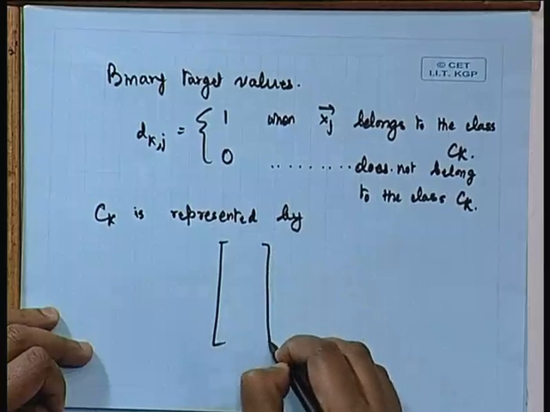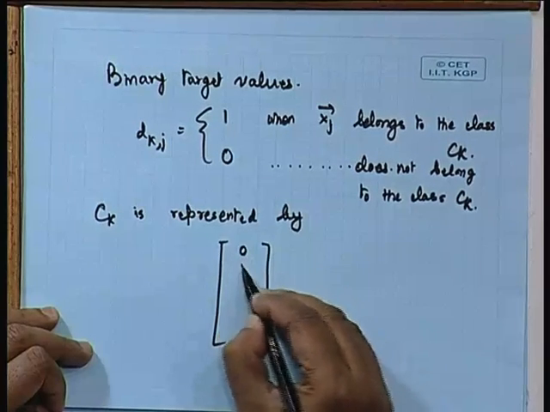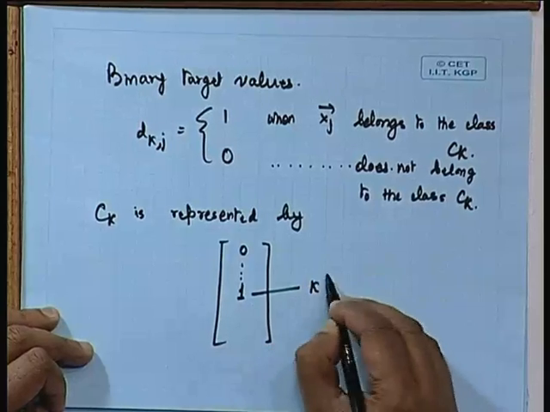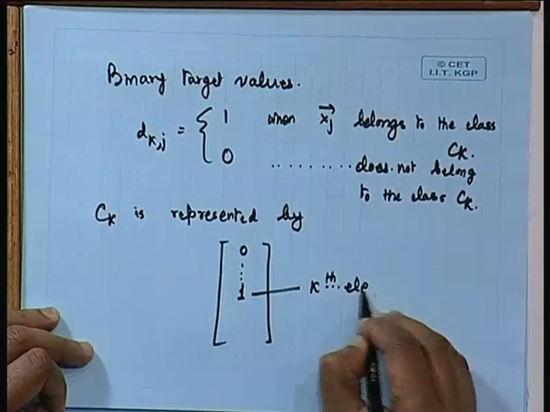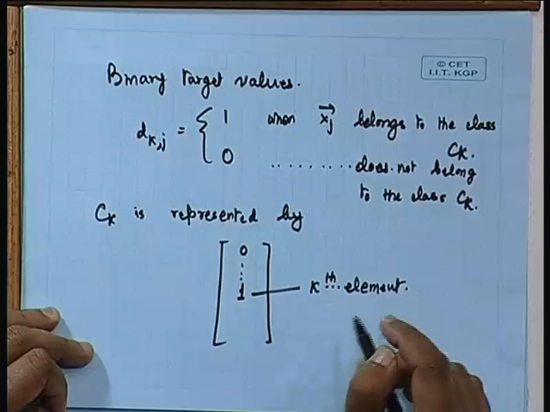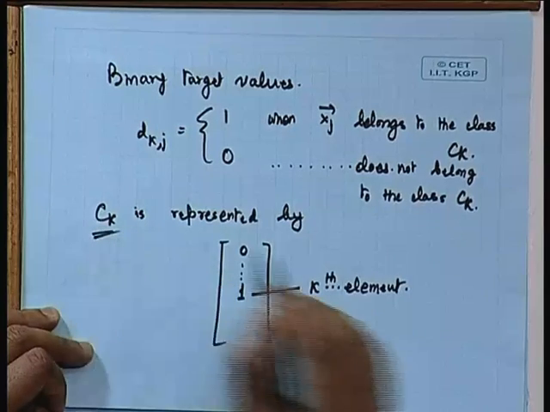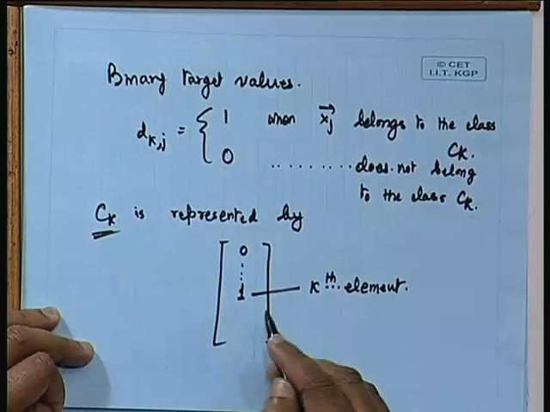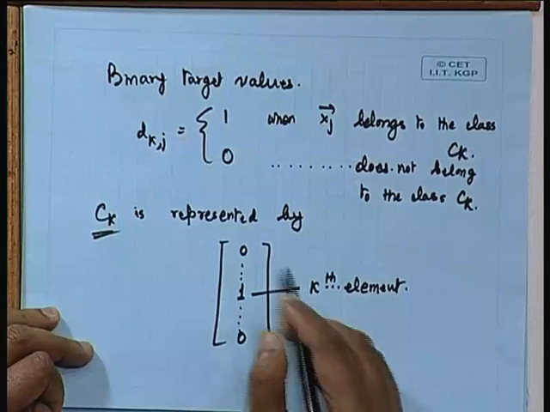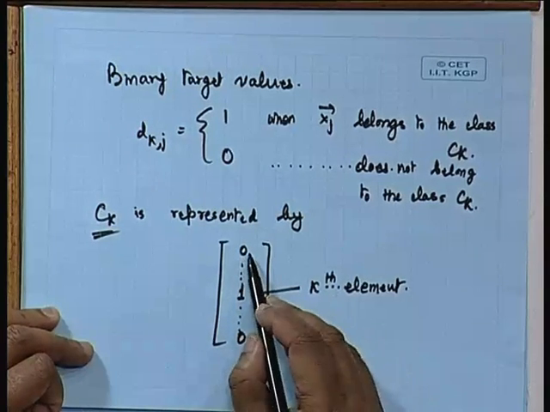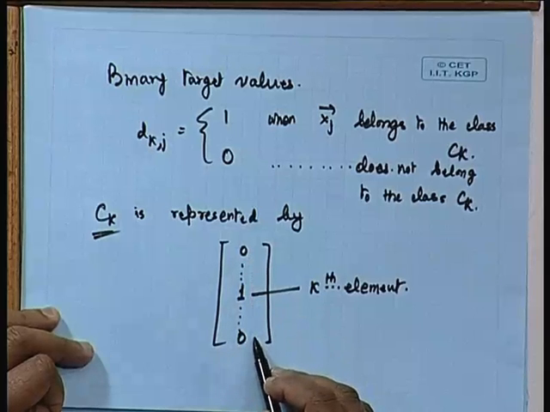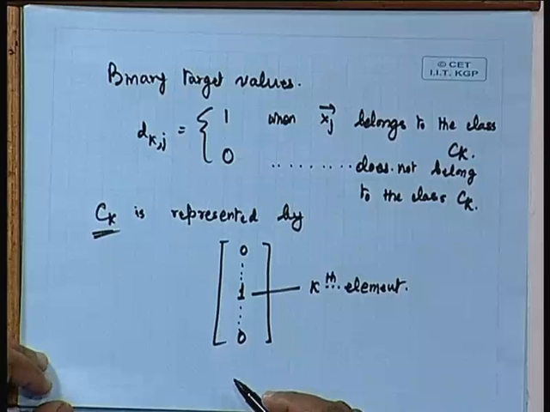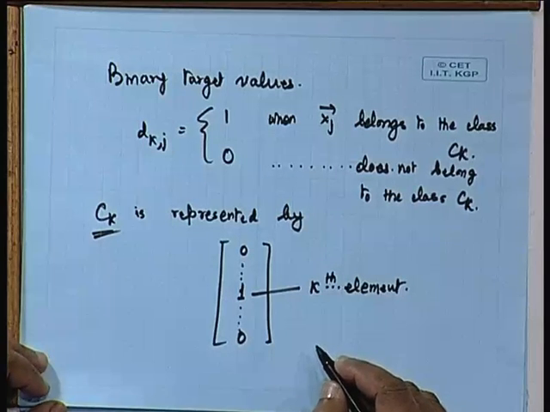With binary target values, Ck is represented by a target vector 0 0 0 0 like that, and since it belongs to the class Ck, the kth element will be 1 and all other elements from k equal to 1 up to k equal to m are going to be 0. So, this is the m dimensional target vector.